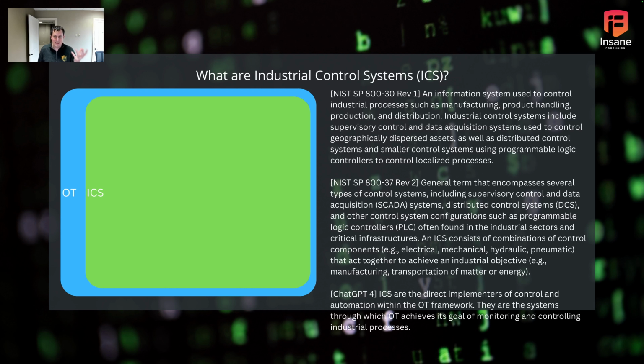They're the systems that OT uses to monitor and control industrial processes. So again, you have OT at a high level, and ICS, which I liked at the end, is actually how OT carries out those core components.